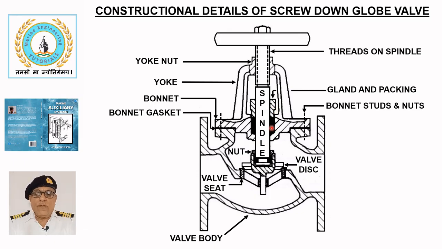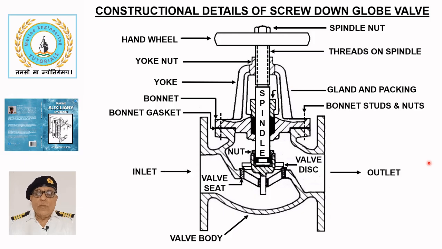In the case of a single piece gland, it is inserted earlier during spindle installation. Finally, the hand wheel is attached to the spindle with a nut.